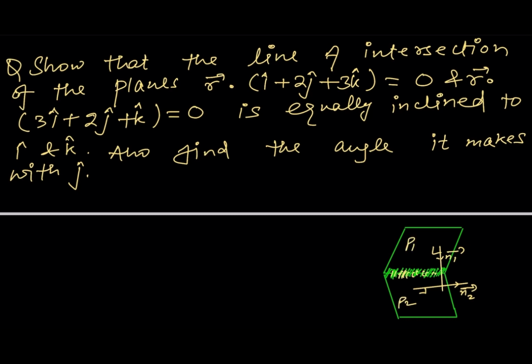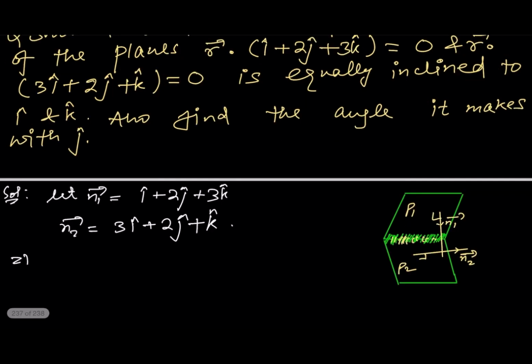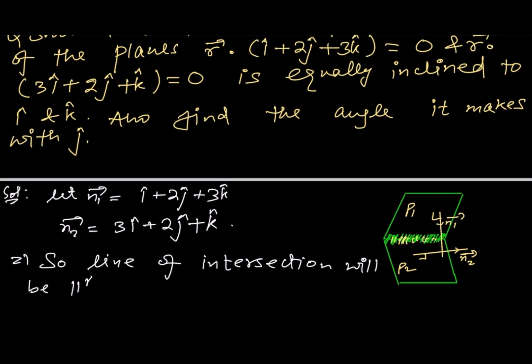So now let n1 vector be i plus 2j plus 3k and n2 vector be 3i plus 2j plus k. So the line of intersection will be parallel to n1 cross n2, right?